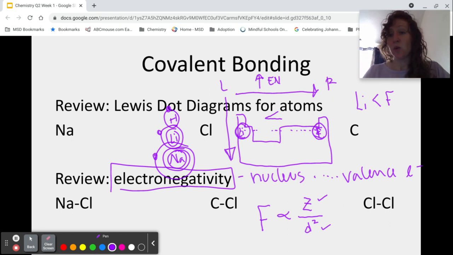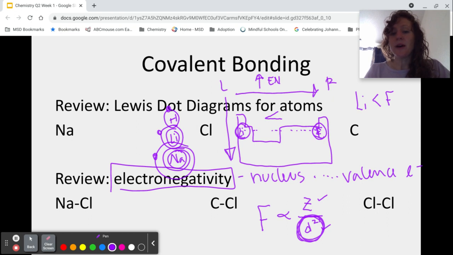Now, which factor plays a more important role? That would be distance. Distance is related to the force of attraction through a square. Nuclear charge is not. And so as distance increases, it kind of rules over nuclear charge.